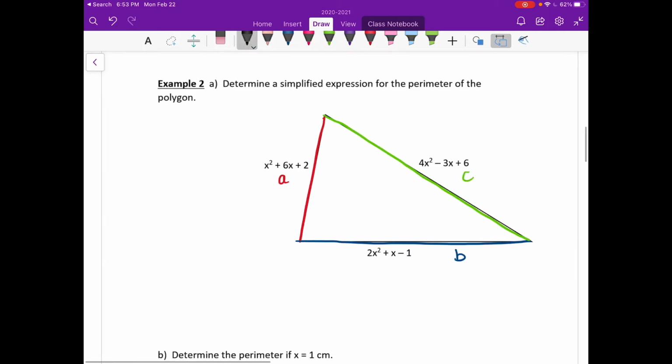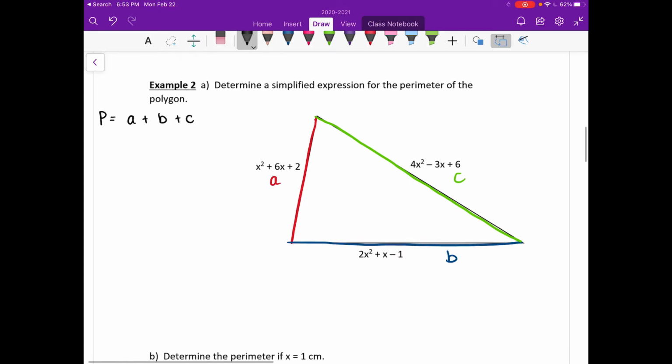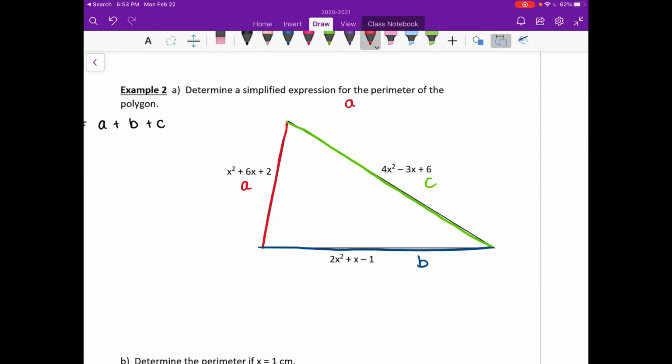So, perimeter is equal to the sum of all sides. So it's going to be side A plus side B plus side C. Okay? We know that side A is equal to the expression here. X squared plus 6x plus 2. We know that side B is equal to this blue expression here.